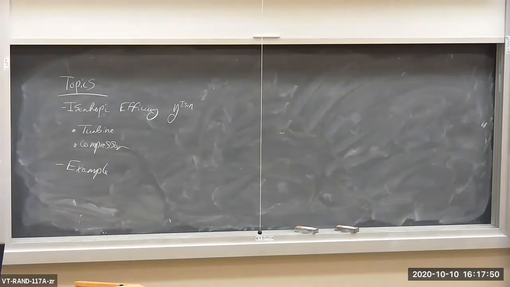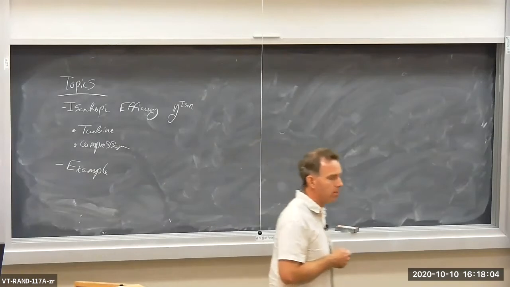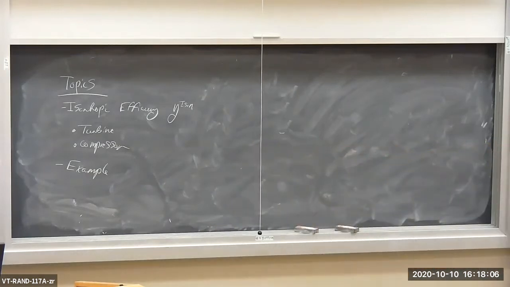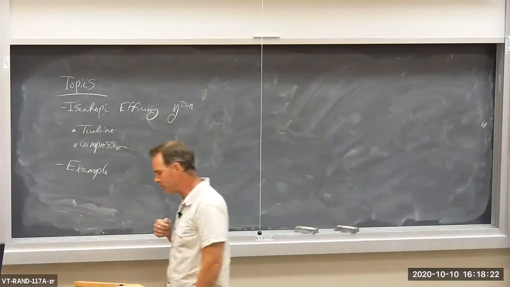So the idea here is to calculate the maximum possible work that a device can produce, let's say, and then use the isentropic efficiency to calculate the actual work produced. So we calculate the maximum possible work a device can produce, and then we can calculate the actual work of a device that has irreversibilities in it. We calculate the actual work by using what's called the isentropic efficiency.